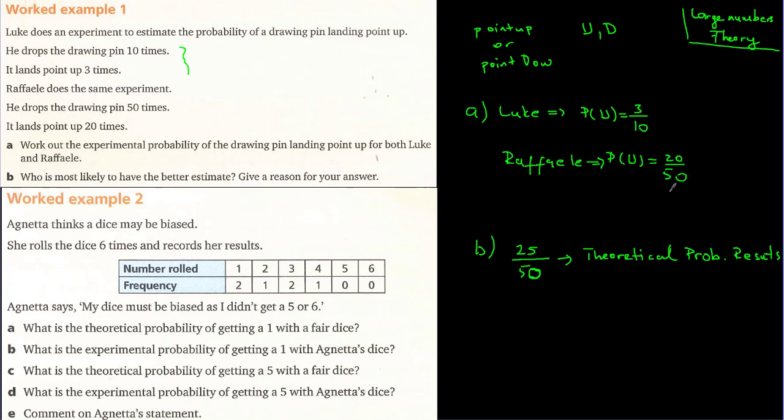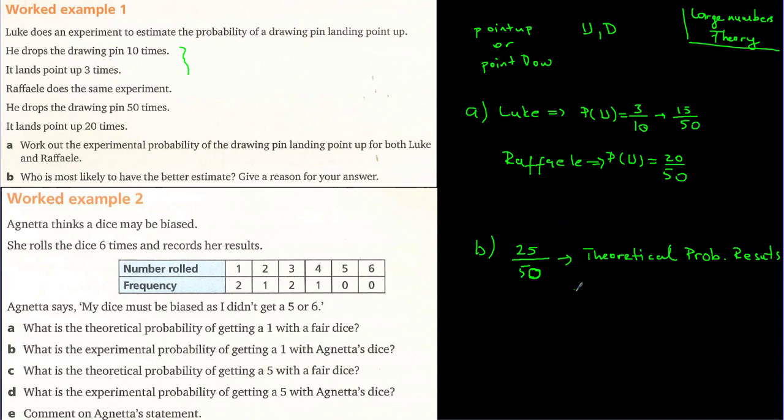So which one is closer to it? This is 3 divided by 10, if you multiply by 5, then you can easily compare. We are expecting 25 divided by 50, so this is going to be 15 over 50. This is 20 over 50, and the theoretical probability expects, if you do this experiment 50 times, 25 times.